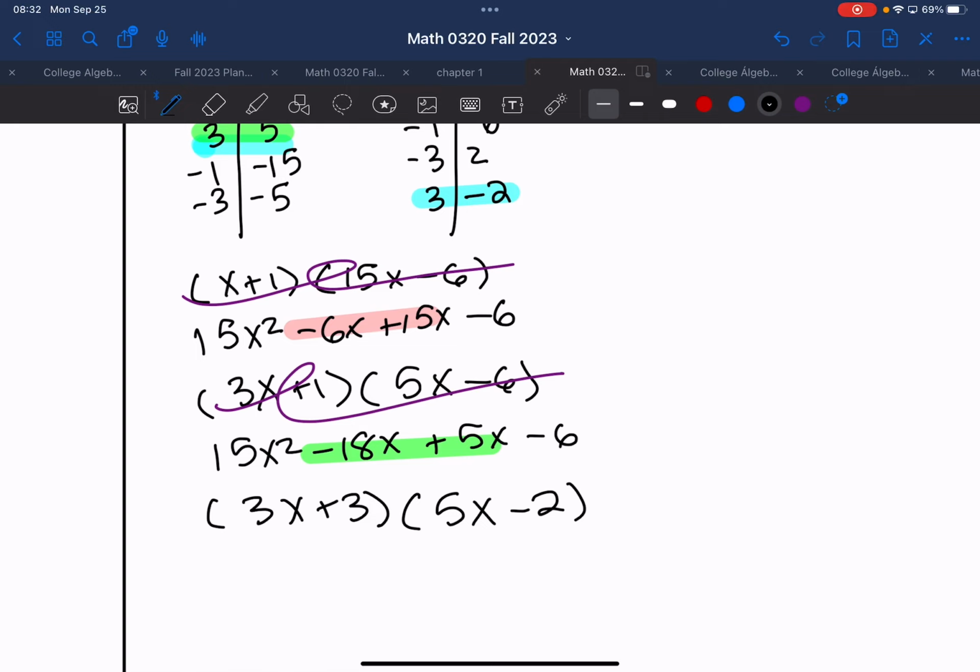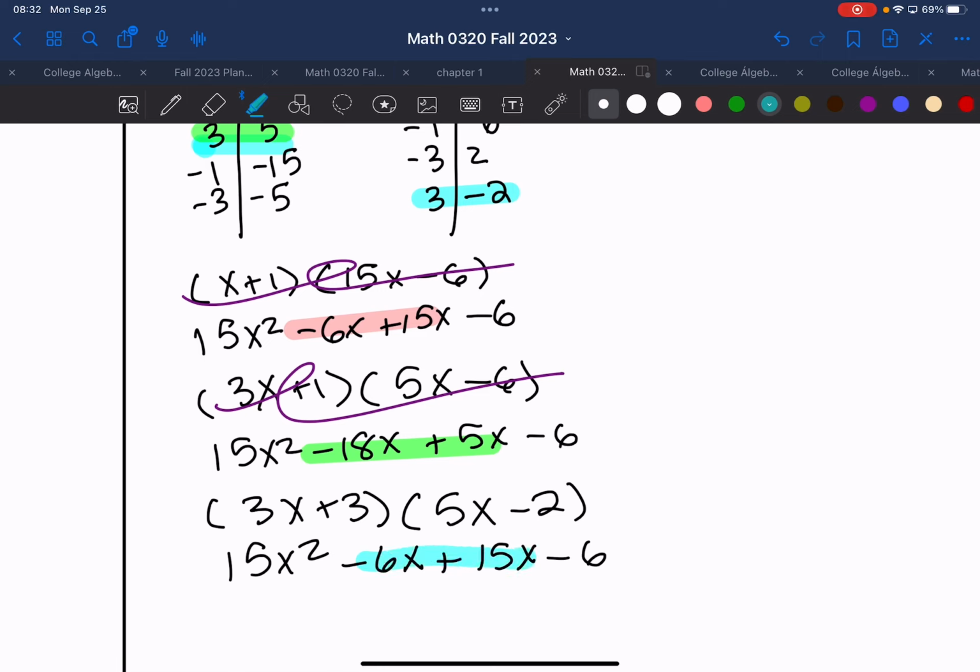So foiling this out, we get 15x squared minus 6x, plus 15x minus 6. Is this going to give us a positive x in the middle?